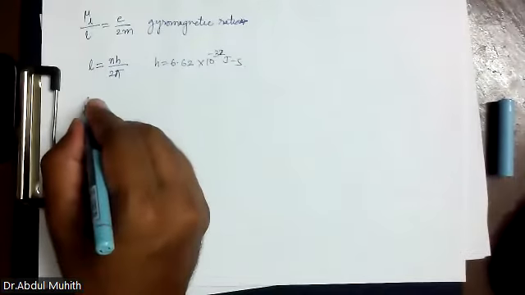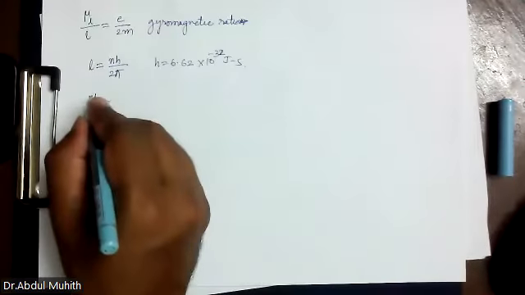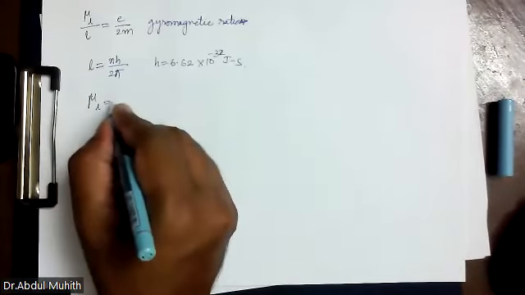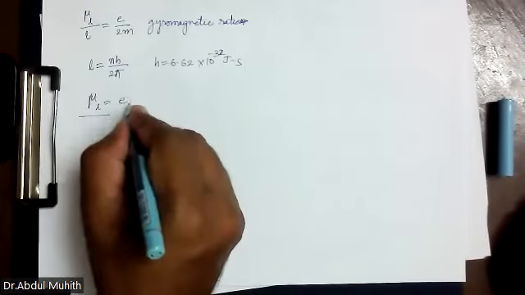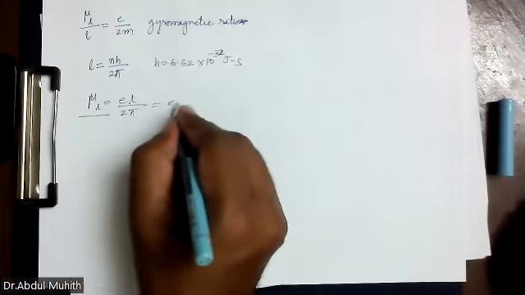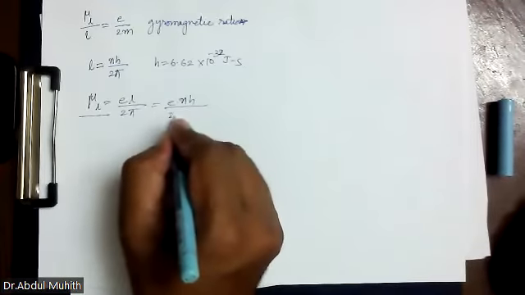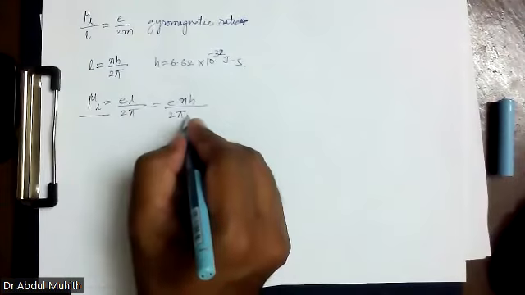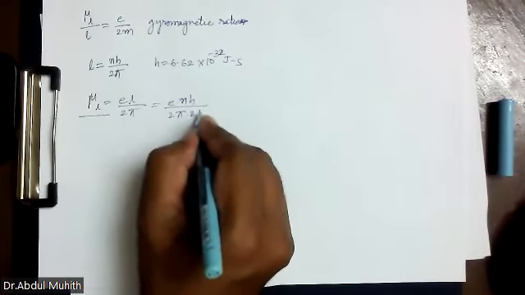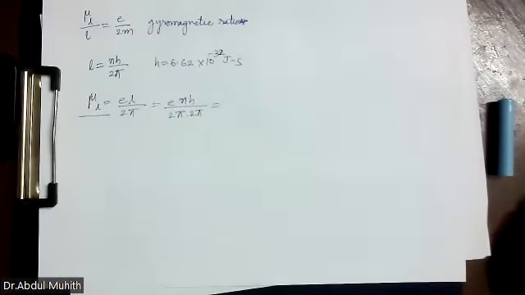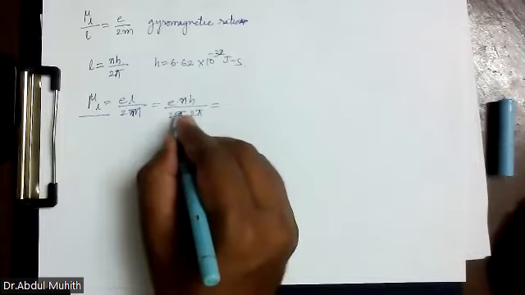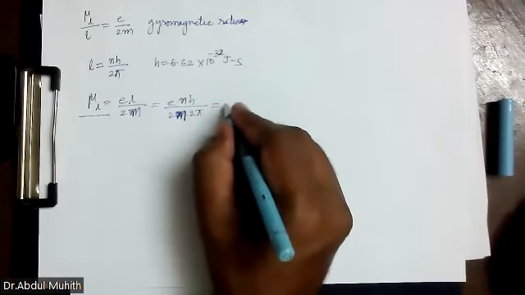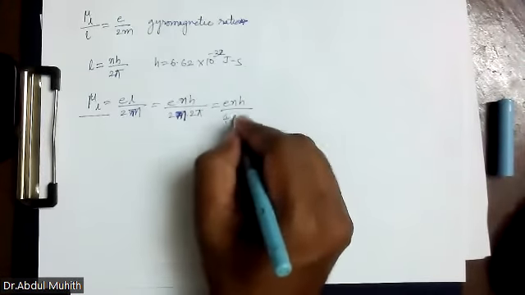Mu L is equal to e into L by 2m, so we cross multiply: e into nh by 2 pi, and one more 2 pi will come with the 2m. So that will become e nh by 4 pi m. This is the formula we got.